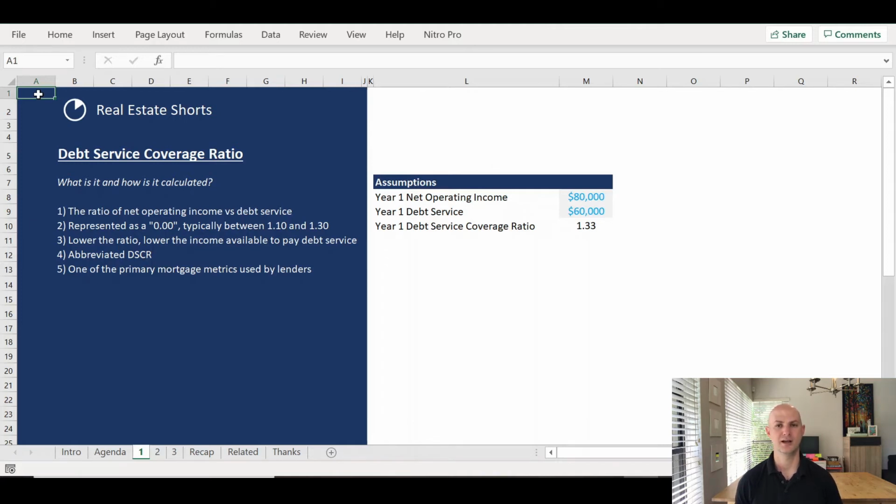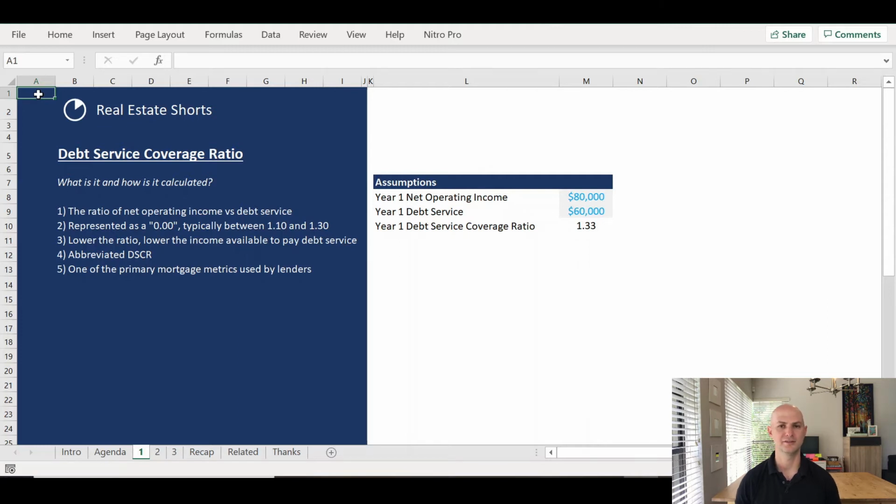All right, so let's start off with first defining what it is, and then we'll get into how it's calculated. So as the name would imply, debt service coverage ratio is a ratio, a relationship between the total amount of net operating income that a property generates and the annual debt service obligation that the borrower of that property has to its lender.